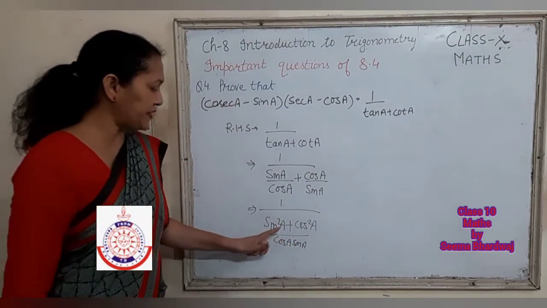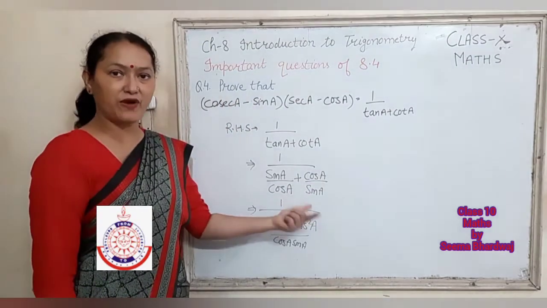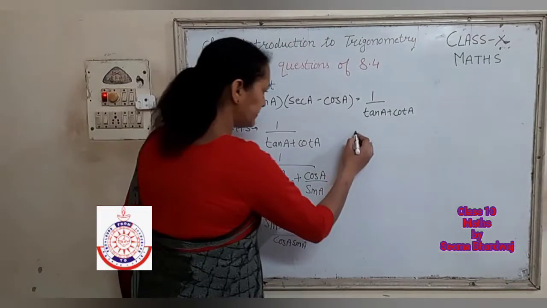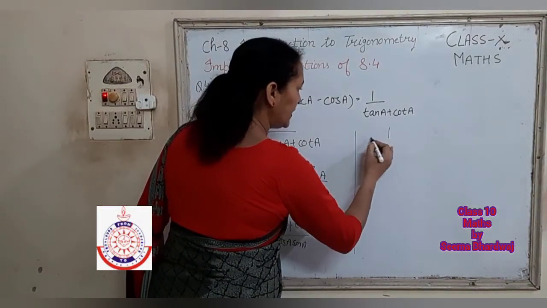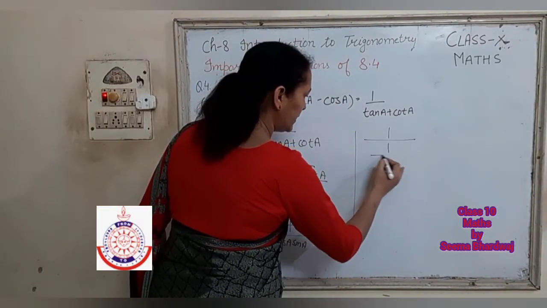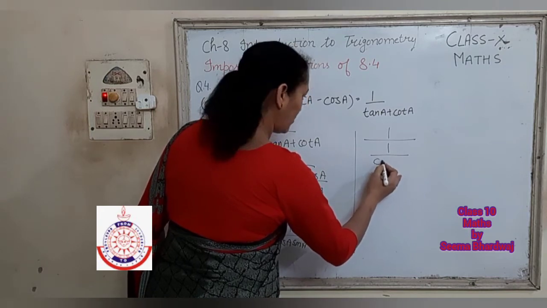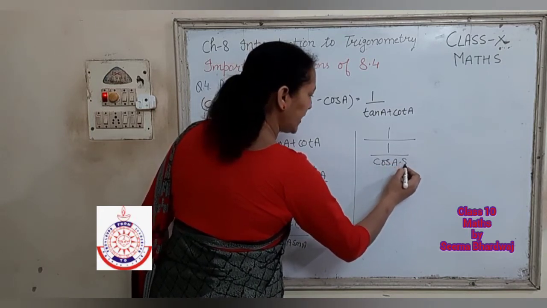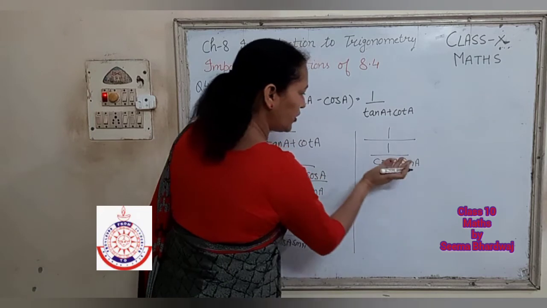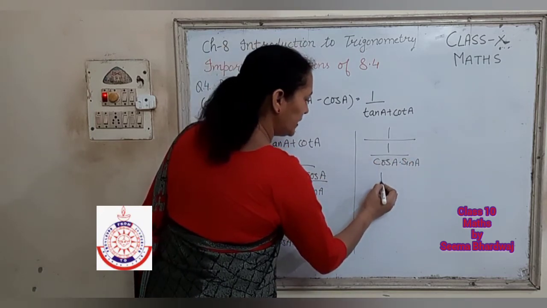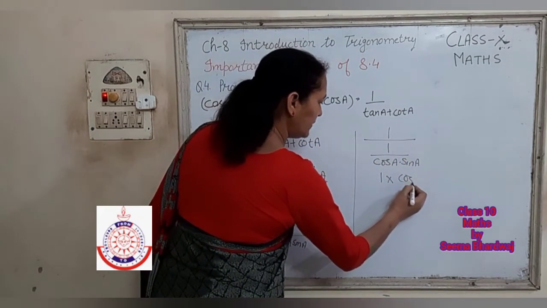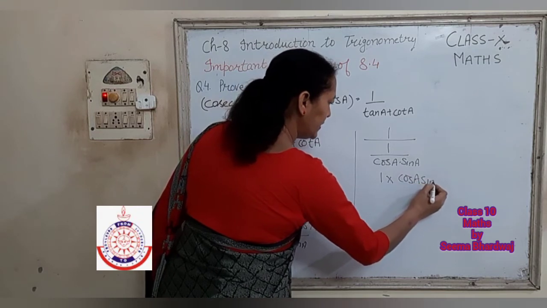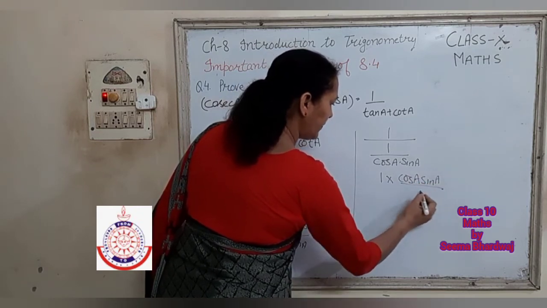Again using first identity, sin square A plus cos square A is 1. So we will be having 1 upon 1 over cos A into sin A. Now we shift it to the upper side. Taking reciprocal, we will be having cos A sin A upon 1.